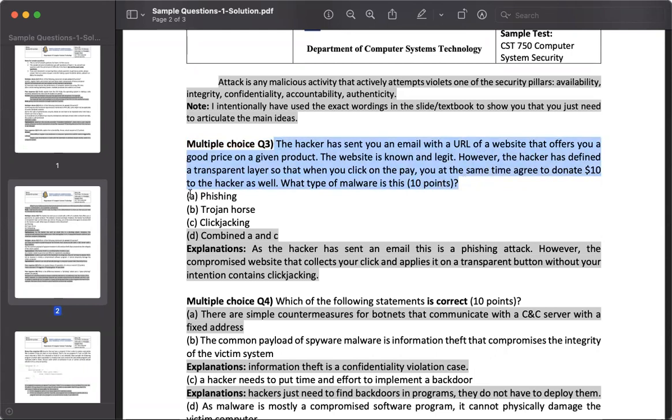For this specific question, this cannot be Trojan because it doesn't say that the individual has downloaded something. So because of that, I reject the item Trojan horse. Does that make sense to you, Diamond?